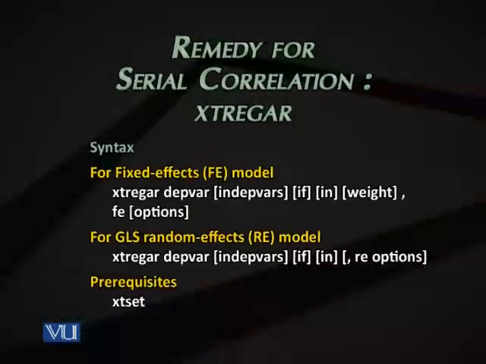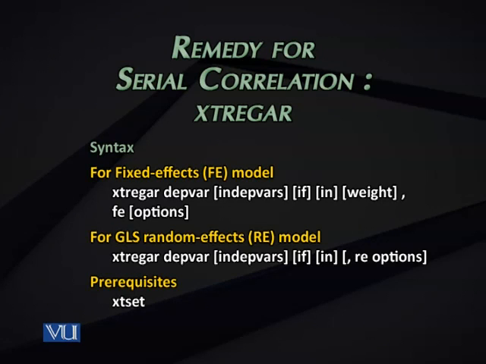As you know, this dialog shows you what the menu is, how you can use it through the menu, and what the syntax of the command is. We have two types of syntax here, one for fixed effect model, second for random effect model. So we can run this xtregar for both fixed effect and random effect models in case you detect serial correlation in your data. Look at the syntax. For fixed effect, we write xtregar, dependent variable, optionally independent variables, optionally if and in conditions, weights if you need, FE and options.